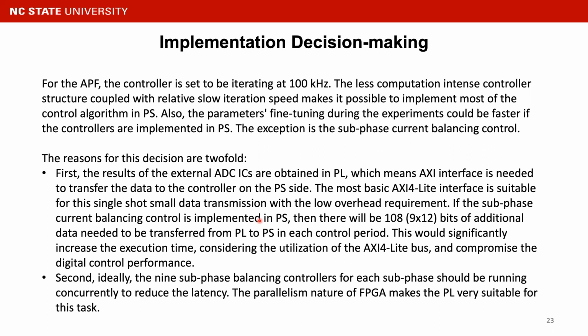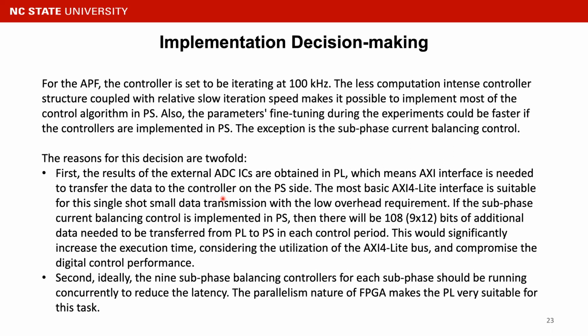The reasons to assign the subphase current balancing to the PL are twofold. First, the results of the external ADC ICs are obtained on the PL side, which means the AXI4 interface is needed to transfer the data to the controller on the PL side. The most basic AXI4-Lite interface is suitable for this single-shot small data transmission with low overhead requirement.